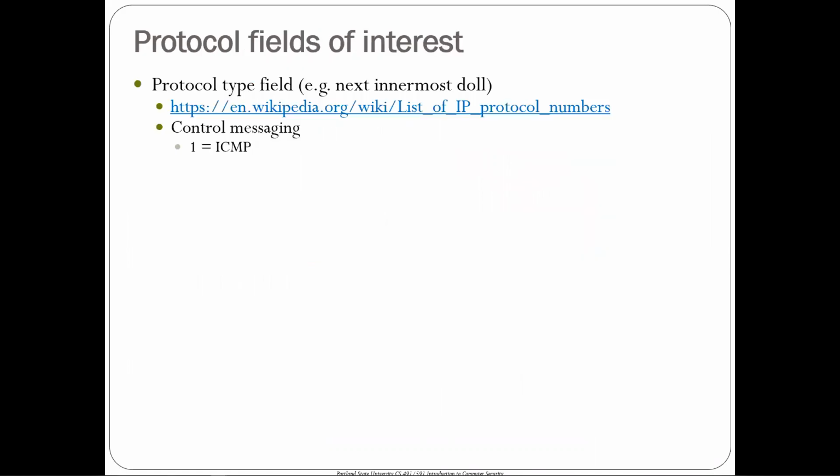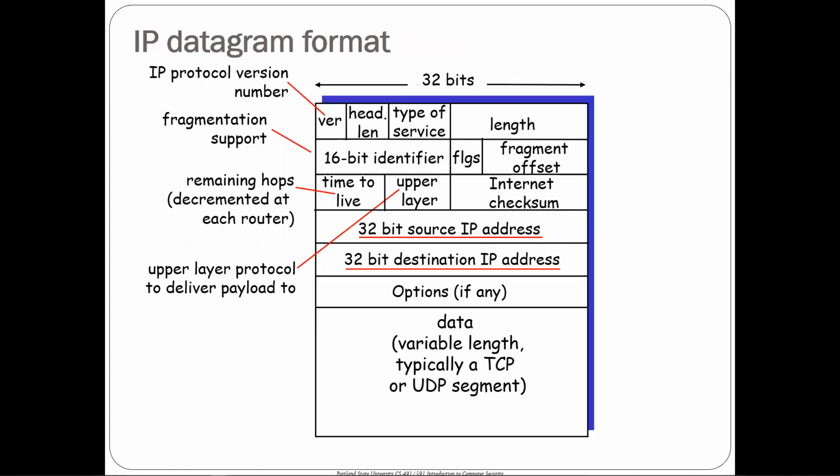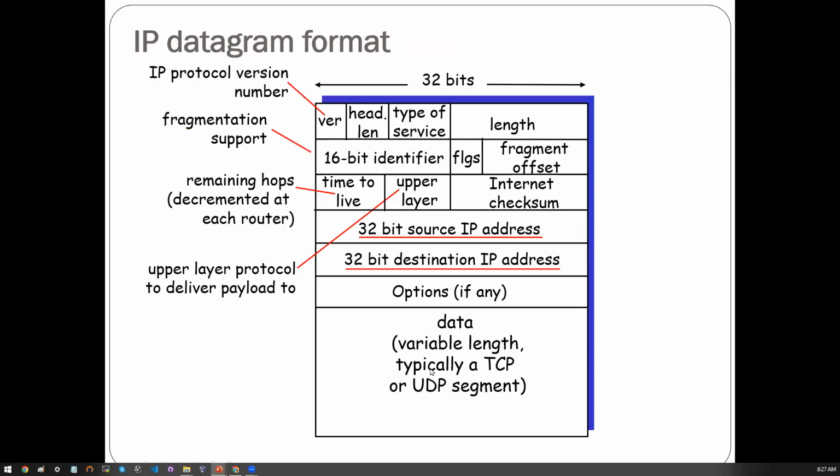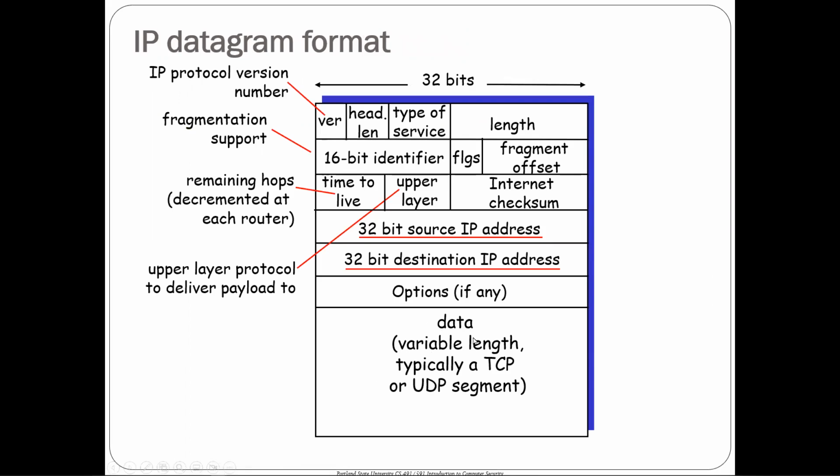Okay, so I said I was going to look at the protocol fields of interest when it comes to network security. The first one is this protocol type field, and this basically points to the protocol type of the payload that I'm carrying. And this is typically a TCP segment or a UDP segment.